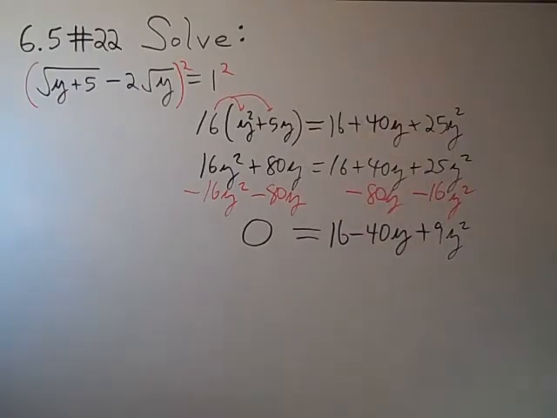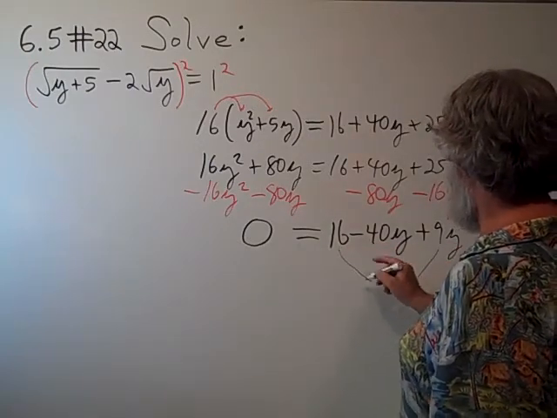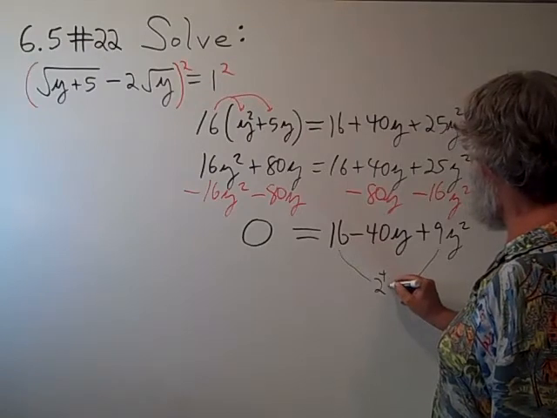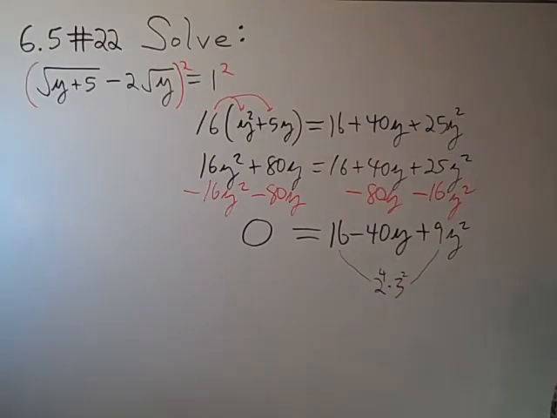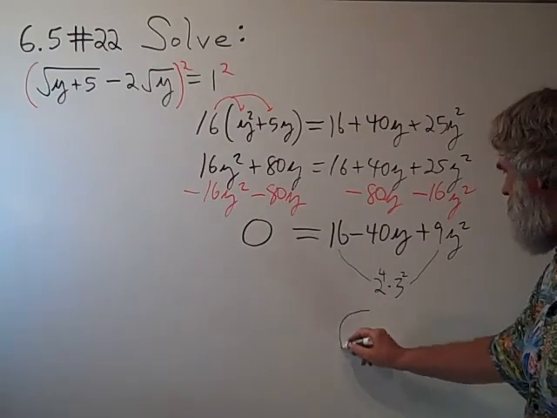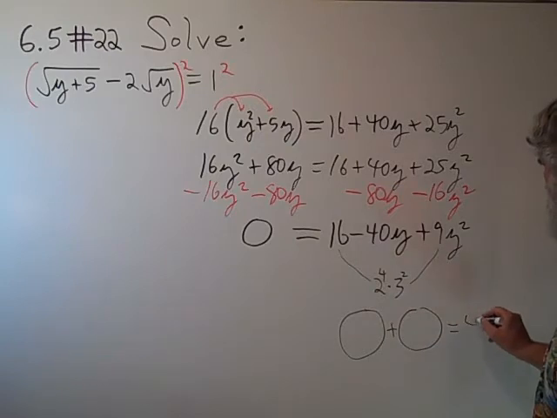Now we're looking for two numbers here whose product is 16 and 9. 16 is 2 to the 4th power, and 9 is 3 squared. So we have to figure out how to divide up the factors so that the sum of the result is 40.